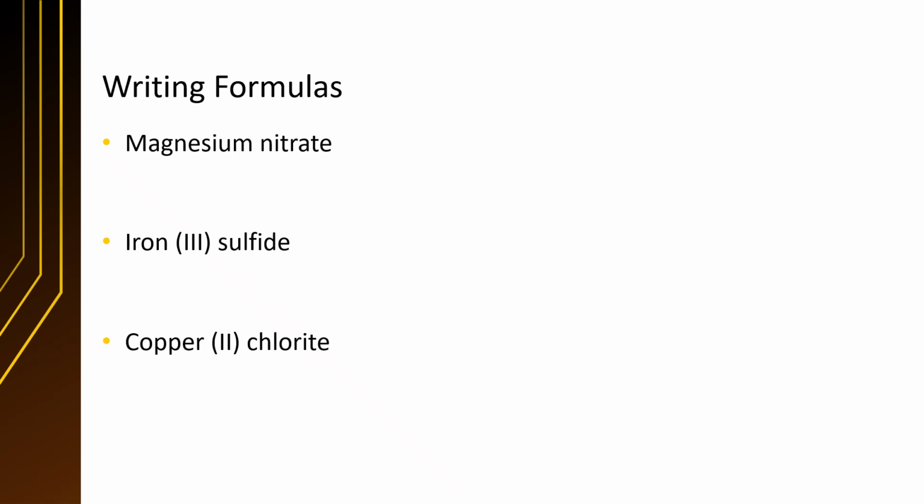Alrighty, now we can also go backwards. If I give you the name, you should be able to write the formula. And we've practiced this before in the second section, just on ionic compounds, but let's put it all together. Magnesium nitrate. Magnesium is Mg. Magnesium is in group 2 on the periodic table.